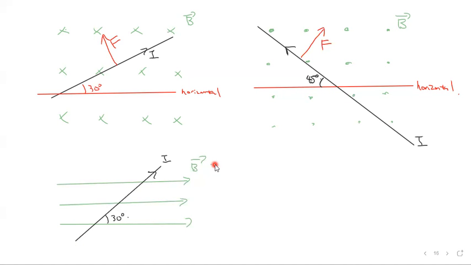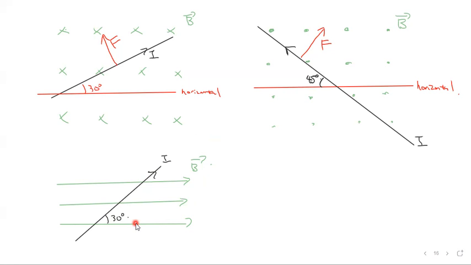But if your fingers go to the right, you can't really get your thumb to point in the diagonal direction while your fingers are going to the right because, well, I guess the problem is your thumb is meant to be perpendicular to your fingers, but this I is not perpendicular to the B, which is a bit of a problem. And you only have that problem when they're not perpendicular to each other.